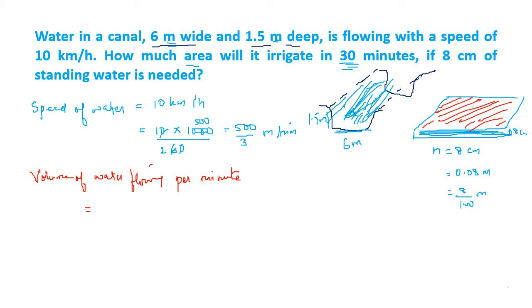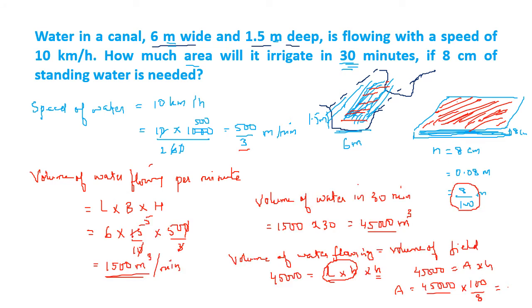This canal is cuboidal in shape, so we'll write capital L into capital B into capital H. That is equal to 562500 meter square.